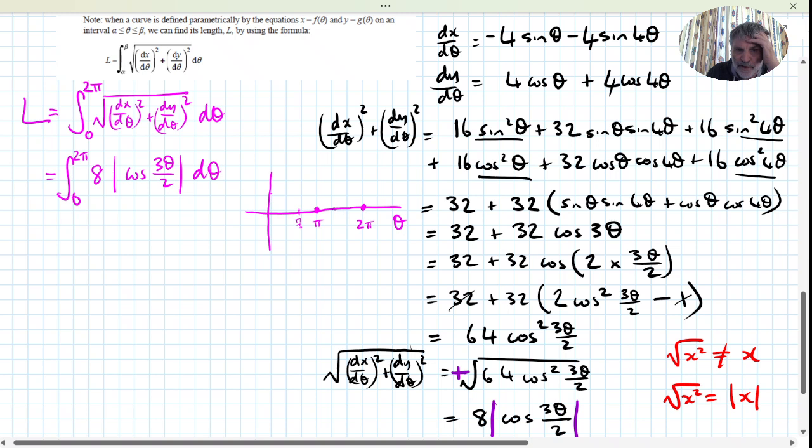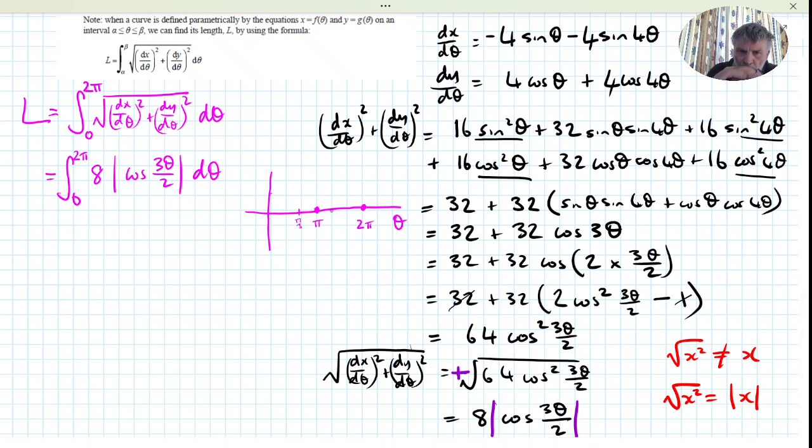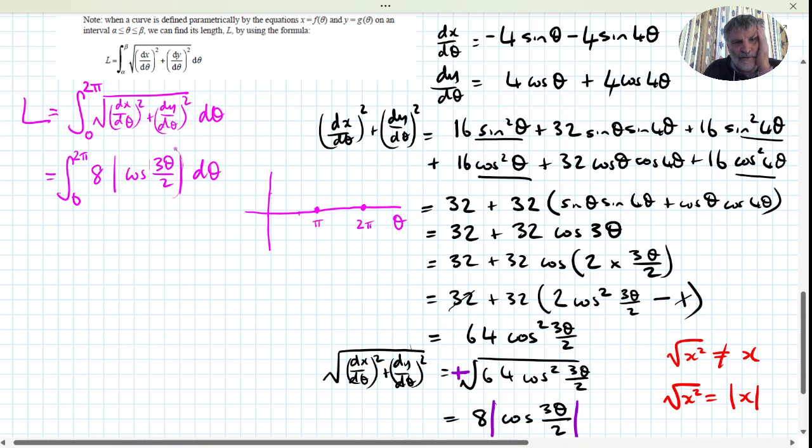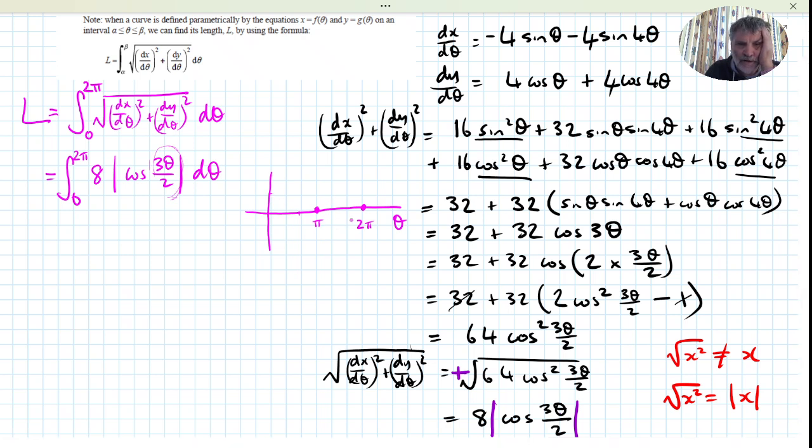Effectively, this is basically 1.5 periods of a normal cosine graph. So we're going to go up, down. Where are we going through?